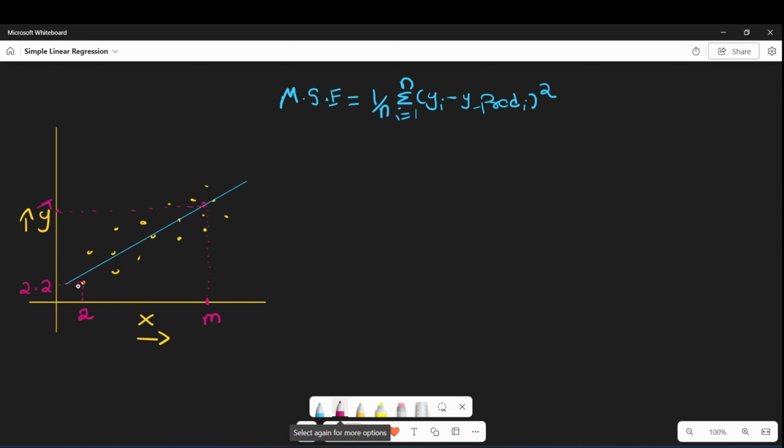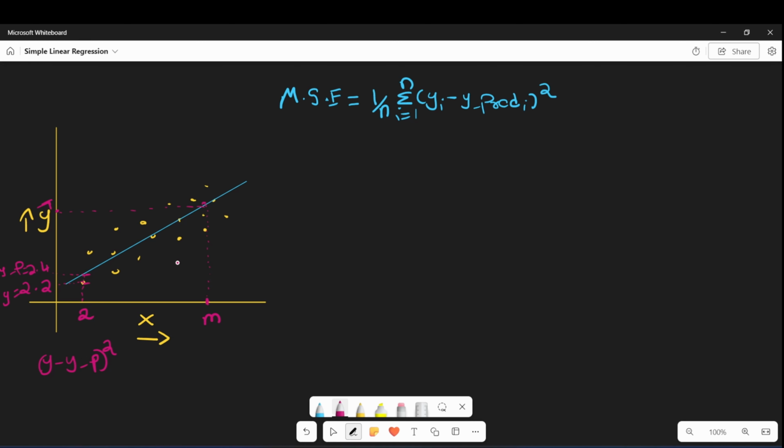For example, let's take this two objects. The actual time it took is 2.2 units of time, and if we are making a prediction for these two objects, we will be predicting something like, let's say, 2.4 units of time. Now the error here is calculated using the square of the distance between these two points. Since the x value is the same here, the error becomes (y minus y_pred) the whole square.